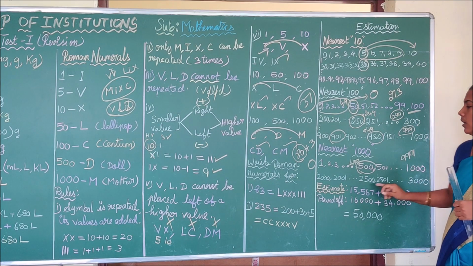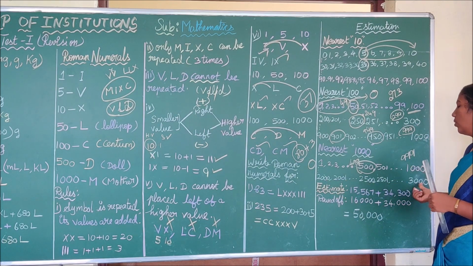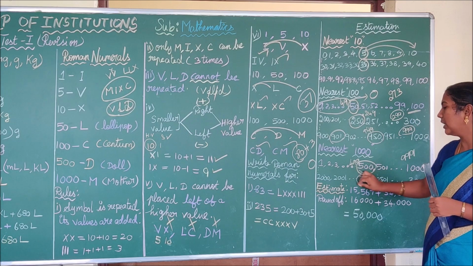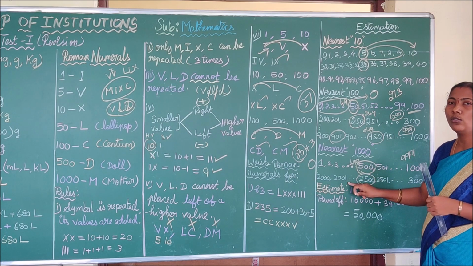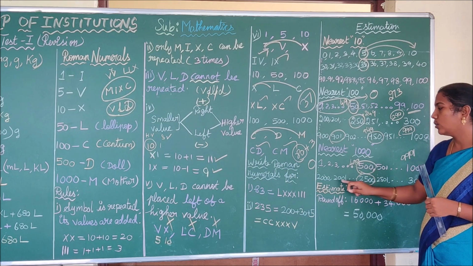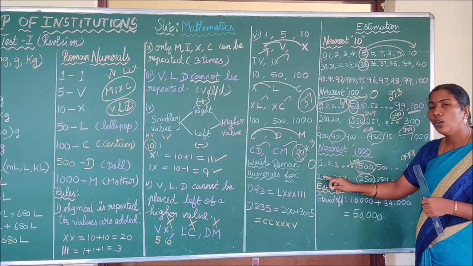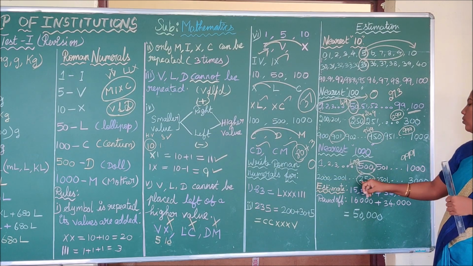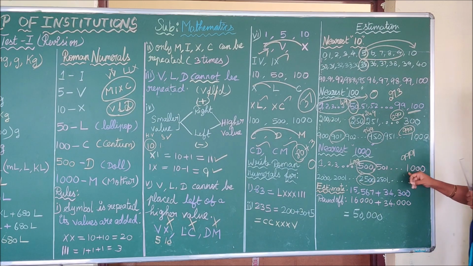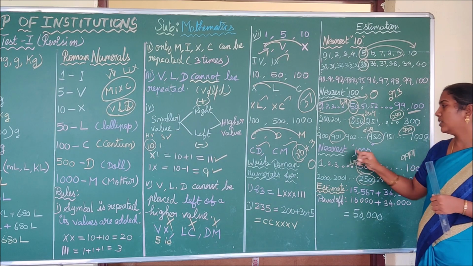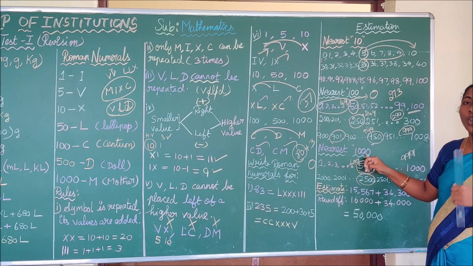See here, 2000 to 3000. What is the middle number? 2500. Before that you have 2499. So from 2001 to 2499 are rounded off to 2000. Similarly here, 2500 to 2999 are rounded off to 3000. For rounding off to the nearest 1000 you have to consider the 4 digits.